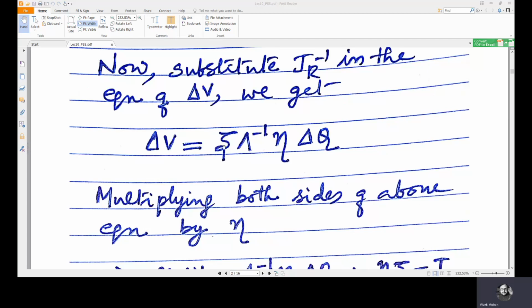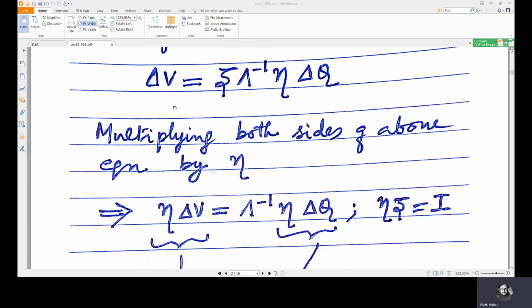Now we multiply this equation on both sides by eta. The LHS will be eta into delta V, and on the RHS we have eta into theta into lambda inverse into eta into delta Q. But what is eta into theta? Eta into theta is the identity matrix, so we are not writing it here.